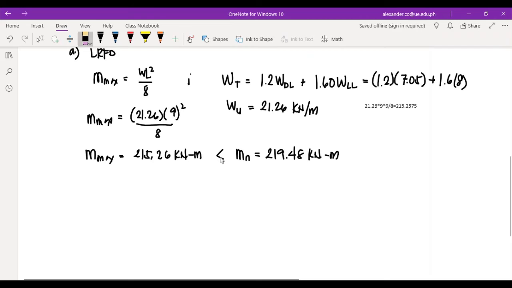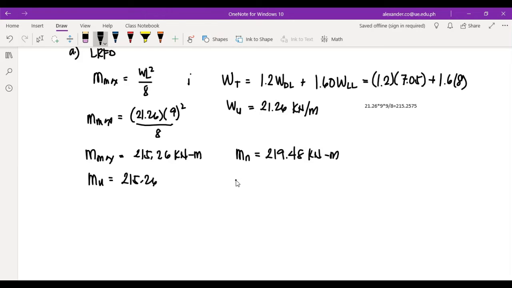Erase ko muna, kasi ang equation is, ito na yung Mu. M sub u is equal to 215.26.